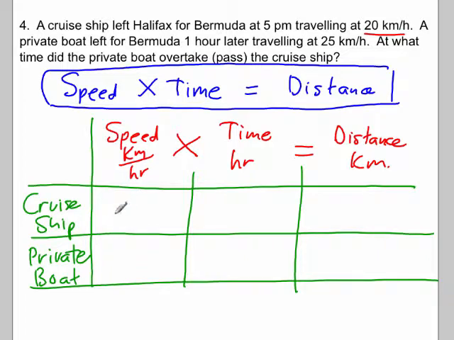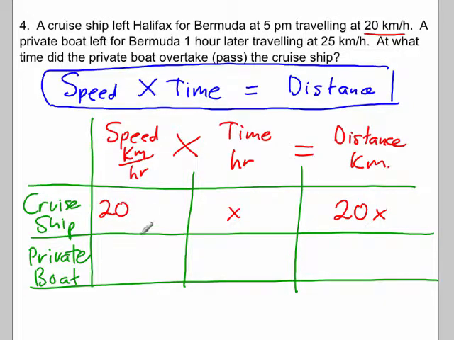So the cruise ship's speed we know. Let's put that in. That's 20. We don't know how long it's been traveling for. So let's put x as the time that it's been traveling. And that would mean that our distance would have to be 20 times x because of the formula, 20x. That's the distance the cruise ship just traveled.